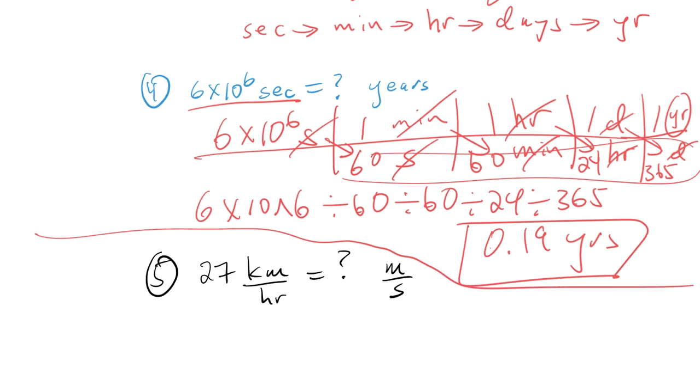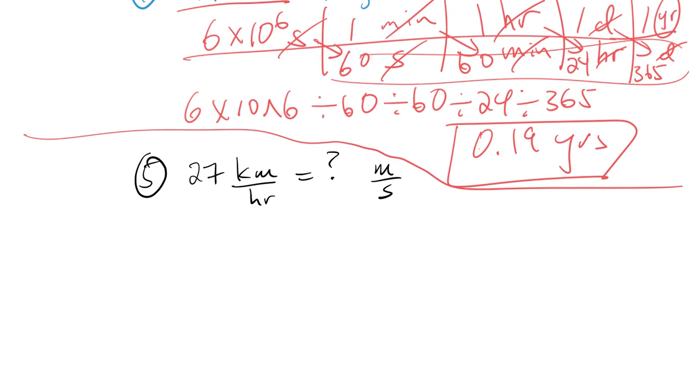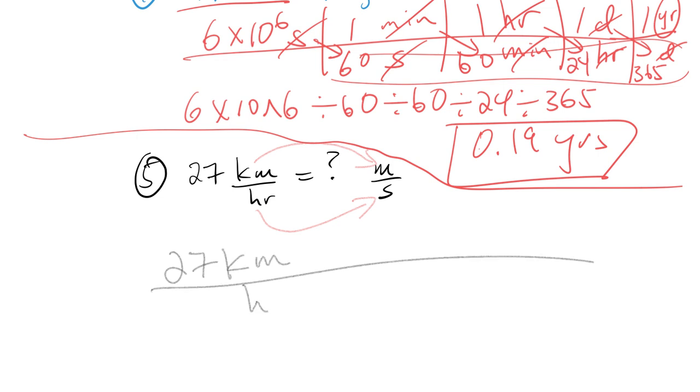This next one is pretty cool because it starts with a ratio. I had to change kilometers to meters and hours to seconds. I had two things to change. So start with your known term, 27 kilometers per hour. Let's change kilometers first.